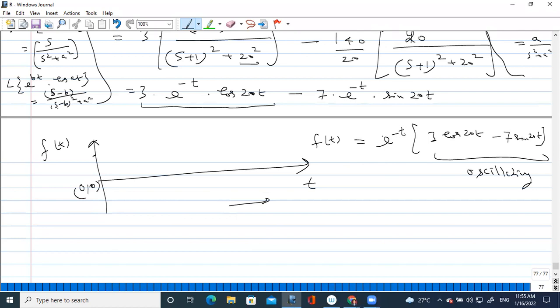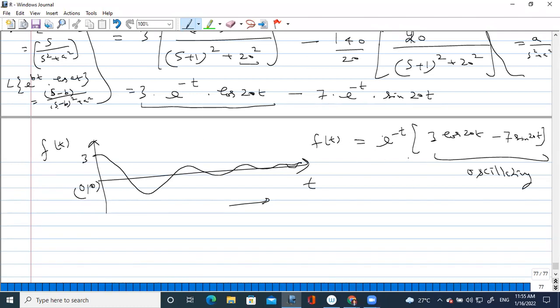So put here t equal to 0, e to the power 0 is 1, cos 0 is 1, sin 0 is 0, so it will be 3. So your curve starts from 3 and it will be in an oscillatory form, like this. Okay. So this much skill you should have.